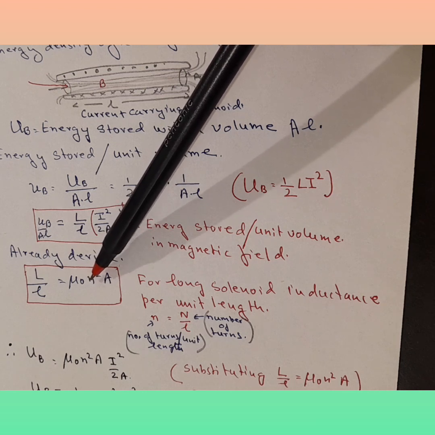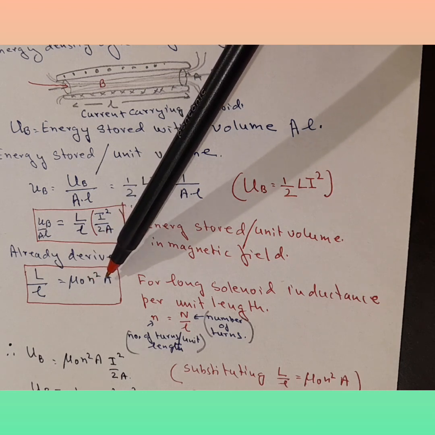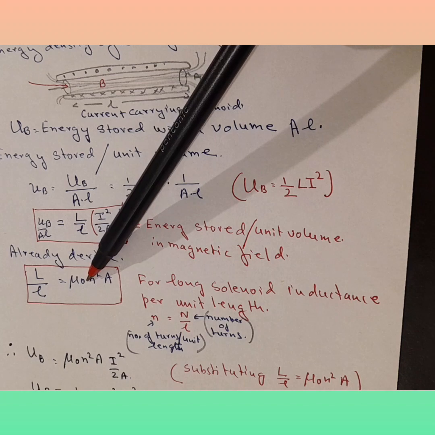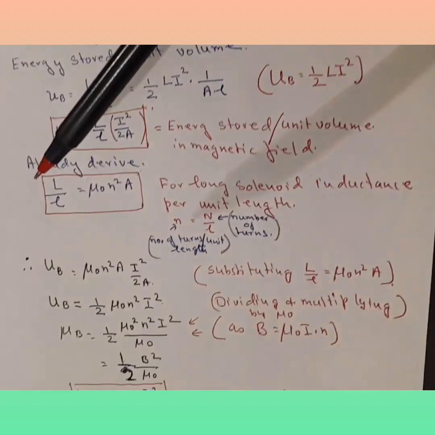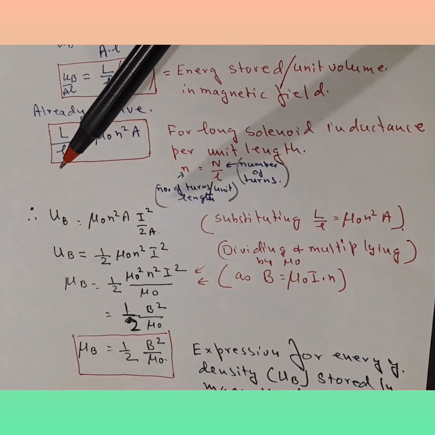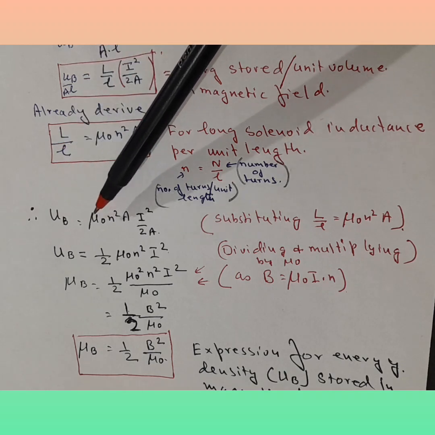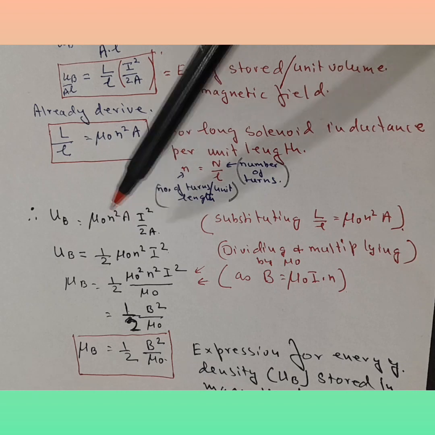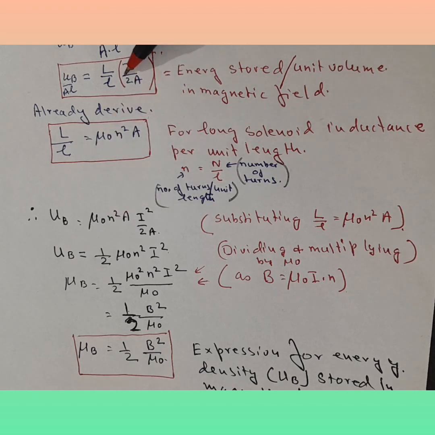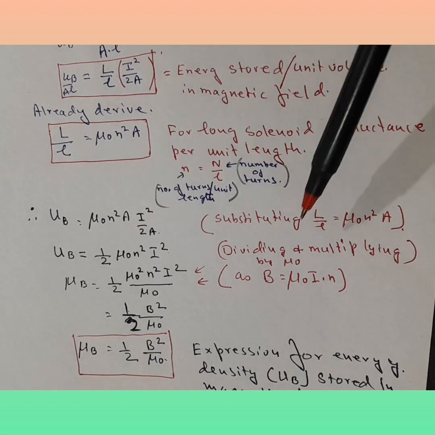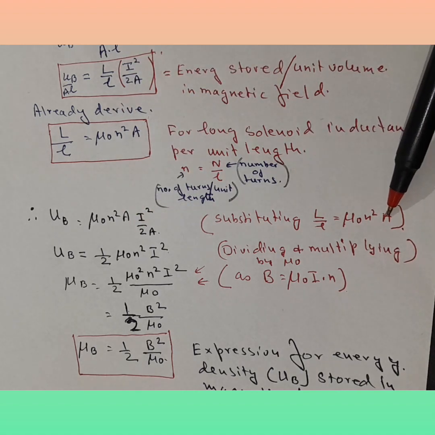So instead of L over l, we substitute mu 0 n square A, and this part, I square over 2A, remains as it is.